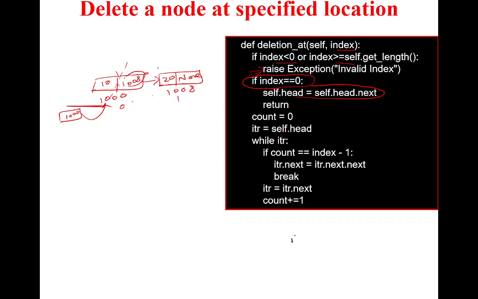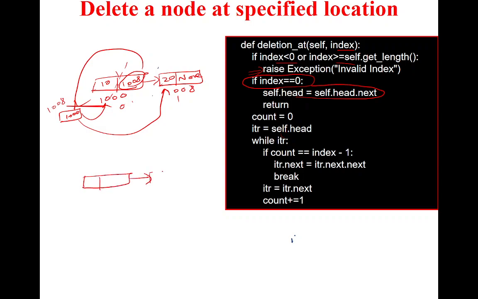So this value should come into the head. This value is nothing but head of next. That is why we give head equal to head of next, so that it will be changed into 1008. So it will be linked like this.